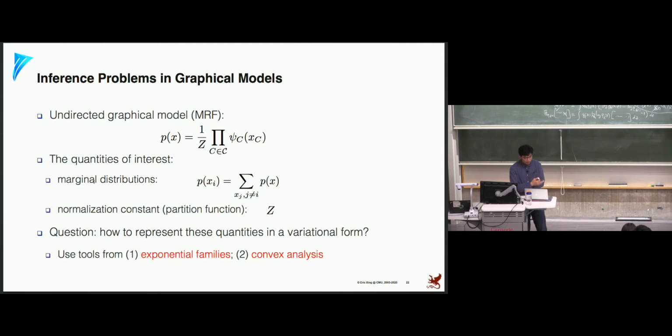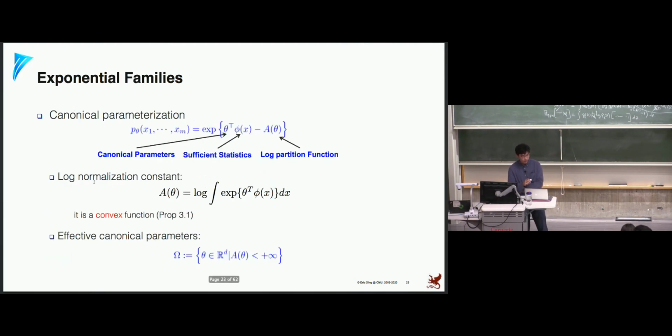But to represent these two queries, the marginal or pairwise distributions and the normalization constant, as a variational problem or an optimization problem, we need some vehicles. Today's vehicle is going to be exponential families and convex analysis.